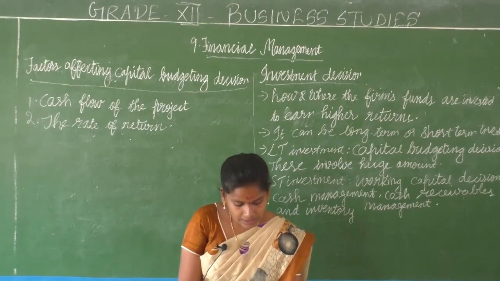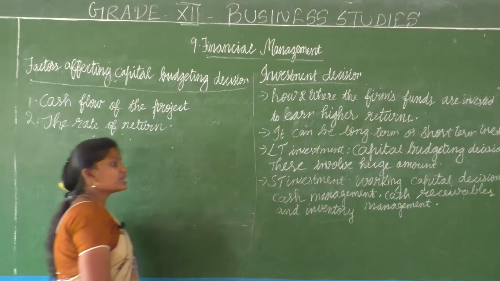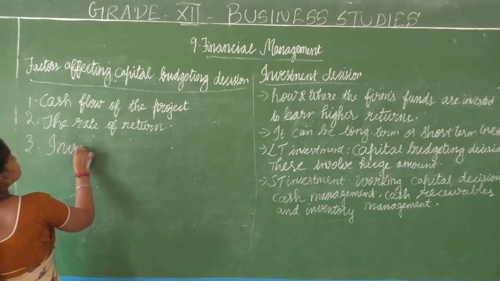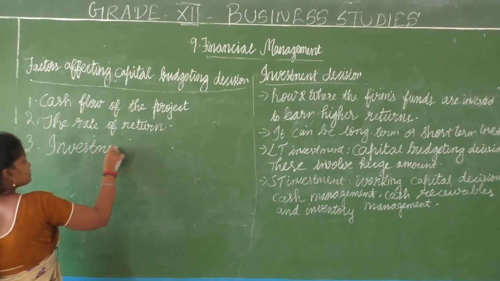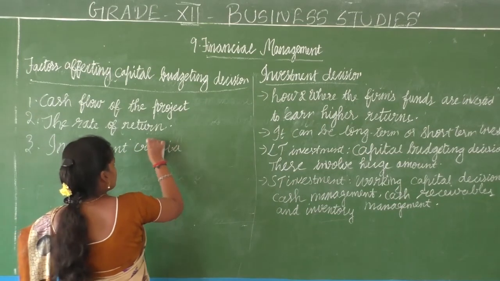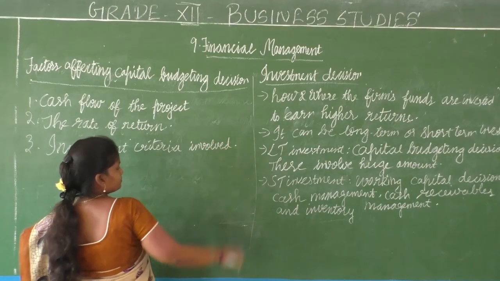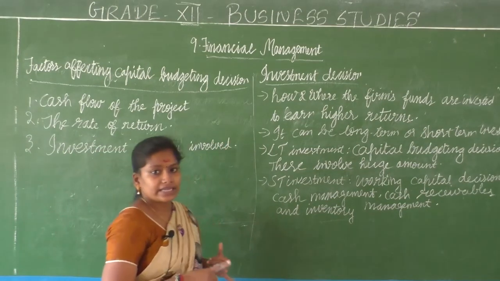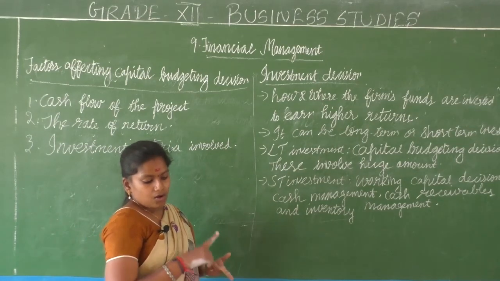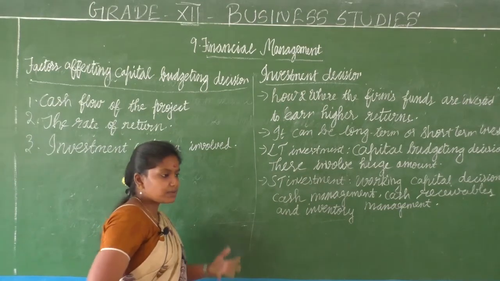Then the investment criteria involved. There are various things that you need to talk about. How is the cash flow, how is the rate of return, what is the risk connected with this business, what are the various methodologies I have to use to maximize the profit.